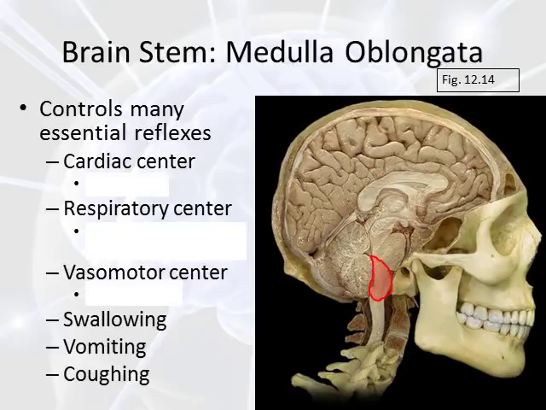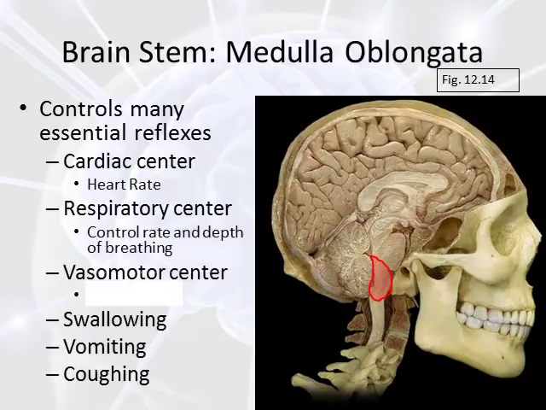The first portion is the medulla oblongata. The medulla oblongata is very important for many reflexes that are essential for life. So we have the cardiac center in the medulla, and that controls heart rate. We also have a respiratory center, which controls rate and depth of breathing, and the vasomotor center, which is responsible for maintaining our blood pressure via vasodilation and vasoconstriction of arteries.